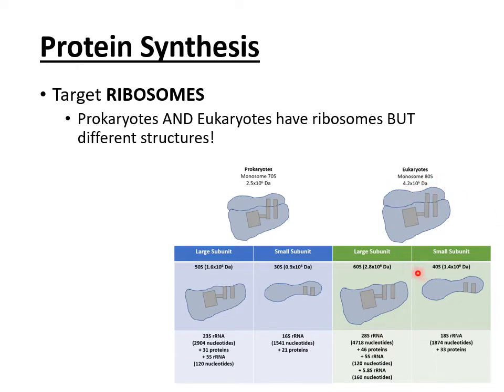Okay, so you don't have to worry about the exact numbers or the components. Just realize that bacterial ribosomes are slightly different from eukaryotic ribosomes, which allows us to target them if we want. But again, it won't be as good as targeting the cell wall because the cell wall we don't have at all.